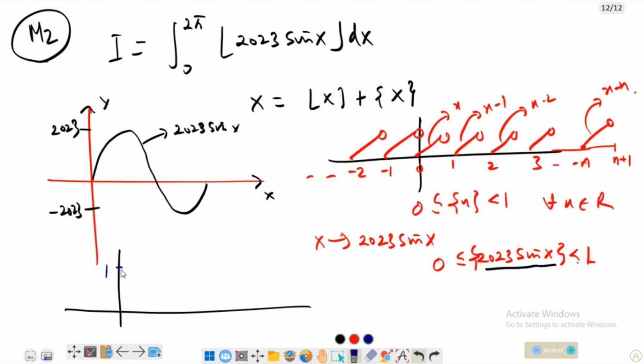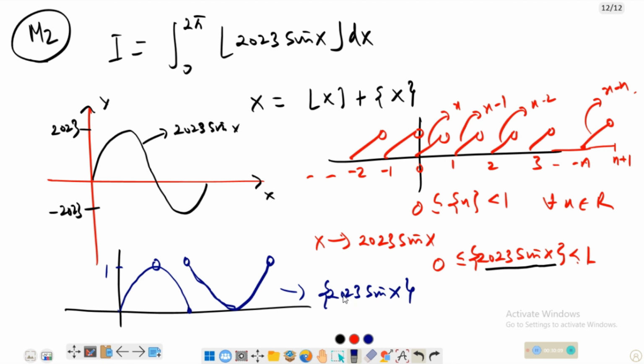This is 1, this is sin x, but there are open circles, and this is sin x, but it lies between 0 and 1, like that. So this blue color graph represents the fractional part of 2023 sin x.